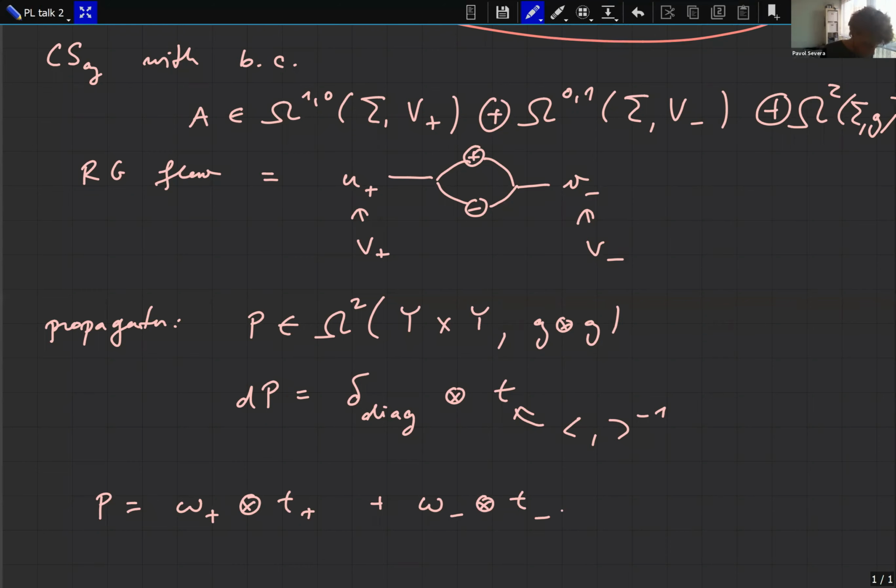You see why I'm writing it this way. This guy is the inner product on V plus inverse, and this guy is the part which is in V minus. And now these V plus and V minus must satisfy reasonable boundary conditions, so that in the end we have the boundary condition that we imposed.